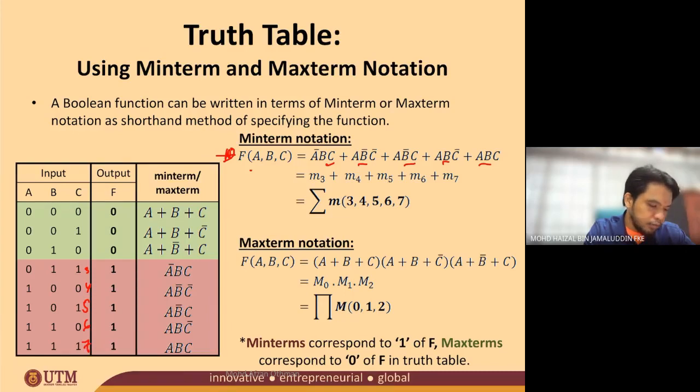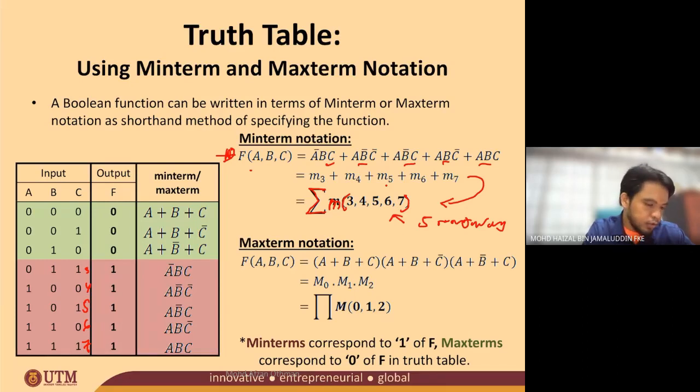So you can write m3 plus m4 plus m5 plus m6 and m7. And you can shorten the way of writing it using the summation with a small m and all the numbers that represent the small m. So in this case, number 3 until 7, which is representing 5 min terms, 5 components of the min terms.